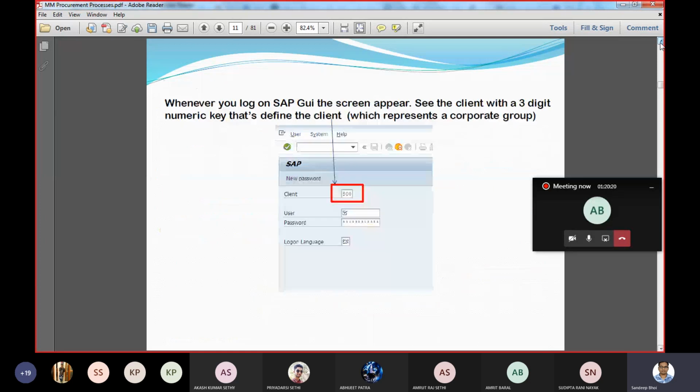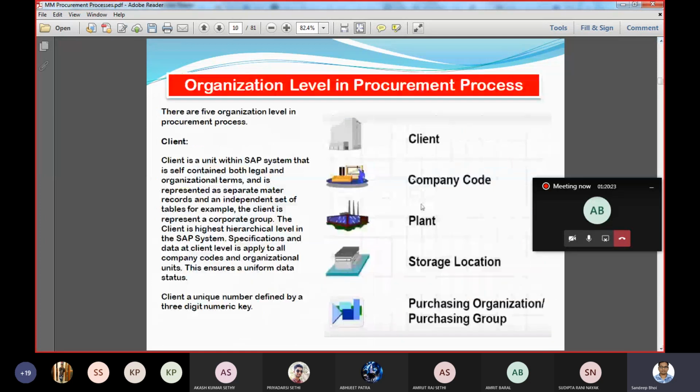Under a single client you have so many companies, and each company will be assigned a different company code. A client will be assigned a 3-digit numeric key, and a company will be assigned a 4-digit alphanumeric key. Let me actually use the whiteboard, because without drawing all these things, it is very difficult to make you understand.